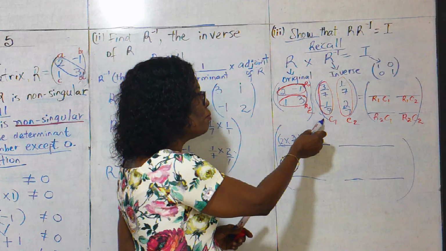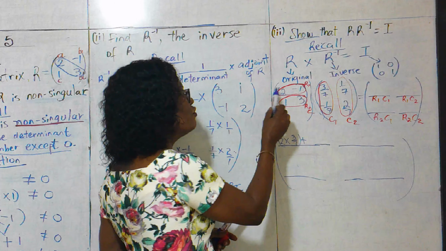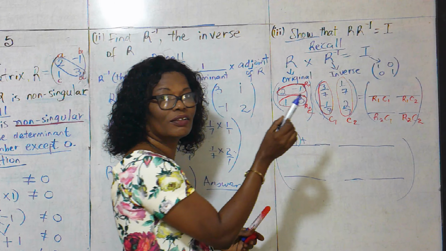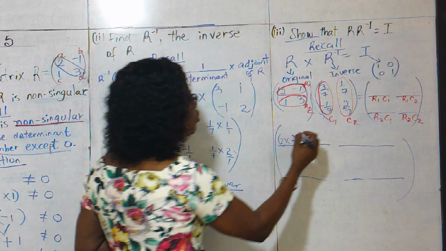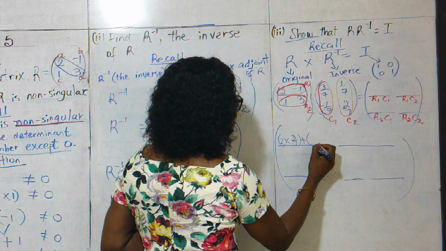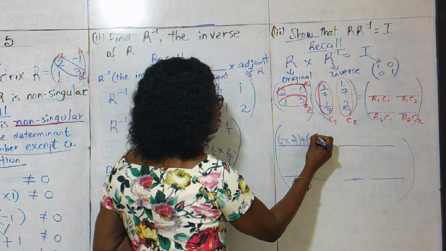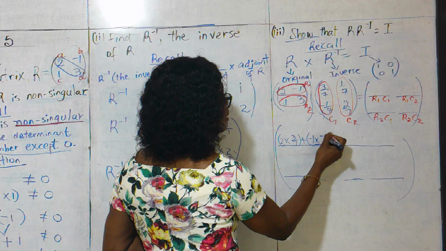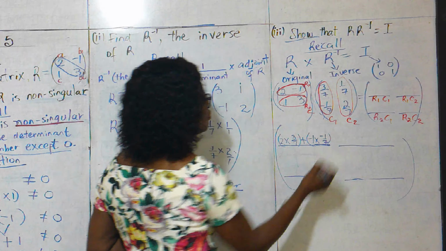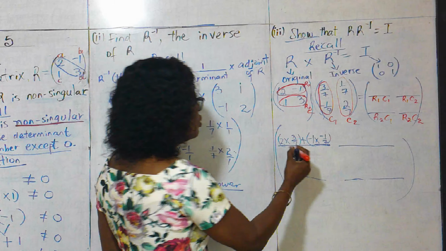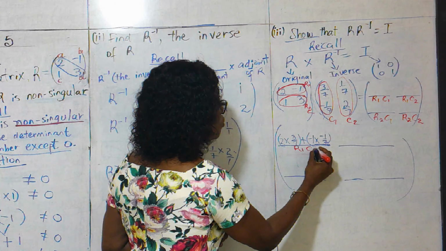So I'm going to make life easier by saying now, first with first, second with second. And that should help us get ahead of it quicker. So second with second, negative 1 times negative 1 seventh. And this is row 1, column 1.